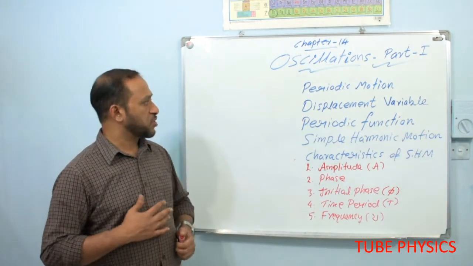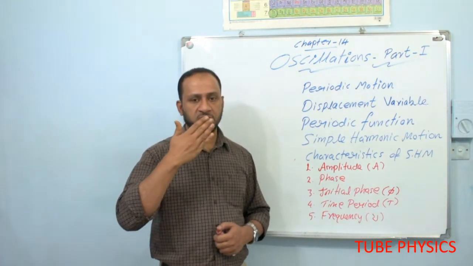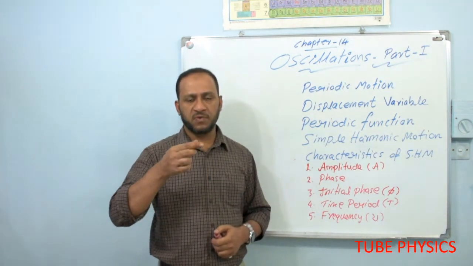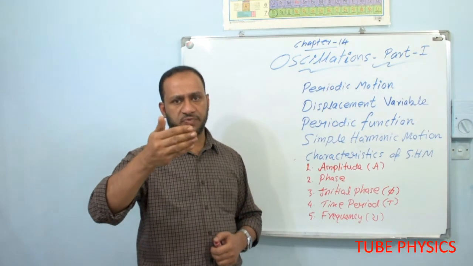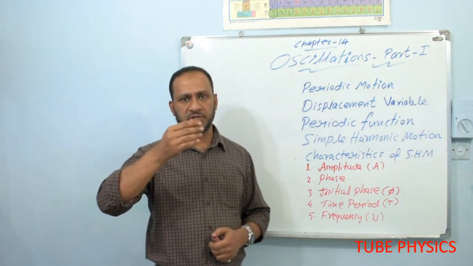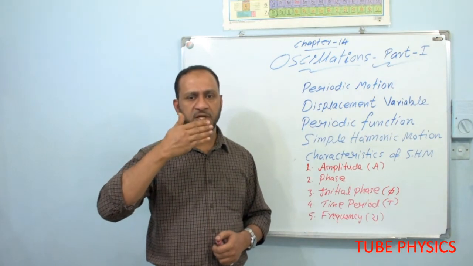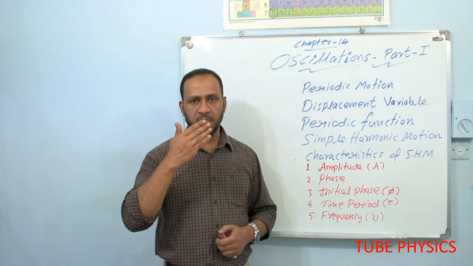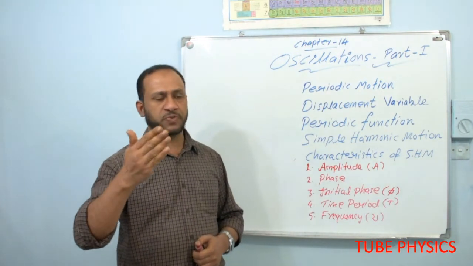So right now when I am talking here, my sound is traveling through the air. In that case, the displacement variable will be the pressure variation of the atmosphere. When I am talking, it is producing compression and rarefaction, high pressure and low pressure, and that is moving in the forward direction. So here the displacement variable will be the pressure variation in the atmosphere.